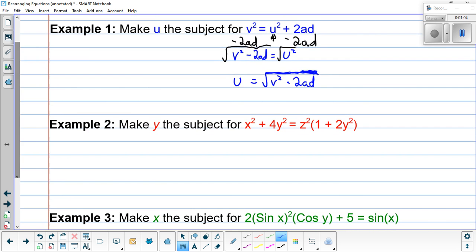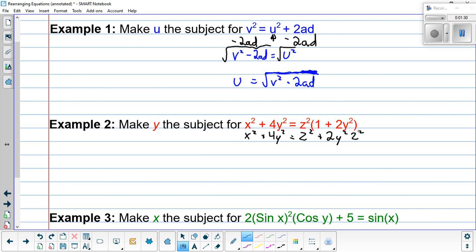Okay, so here, next one, we're looking for y squared. So we have a y squared here and here. That tells me I have to expand that bracket first off. So right away, I can write x squared plus 4y squared equals z squared plus 2y squared z squared. Now I'm going to move everything with a y to the left and everything else to the right.